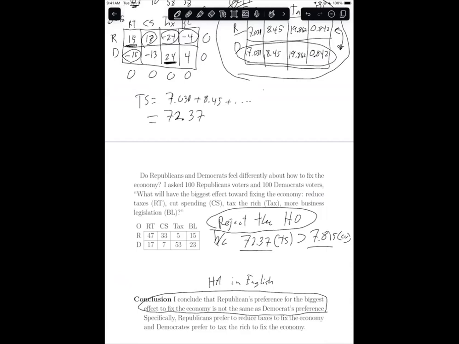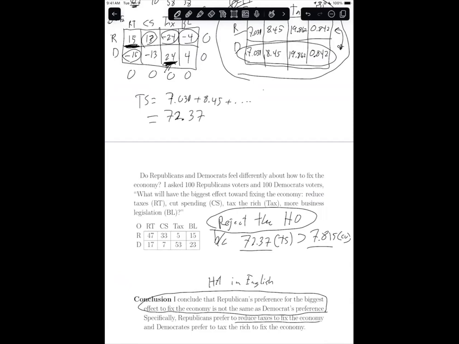Well, these two largest O minus E values here are about Democrats preferring to tax the rich and Republicans preferring to reduce taxes. And so that's why we say specifically Republicans prefer to reduce taxes to fix the economy.